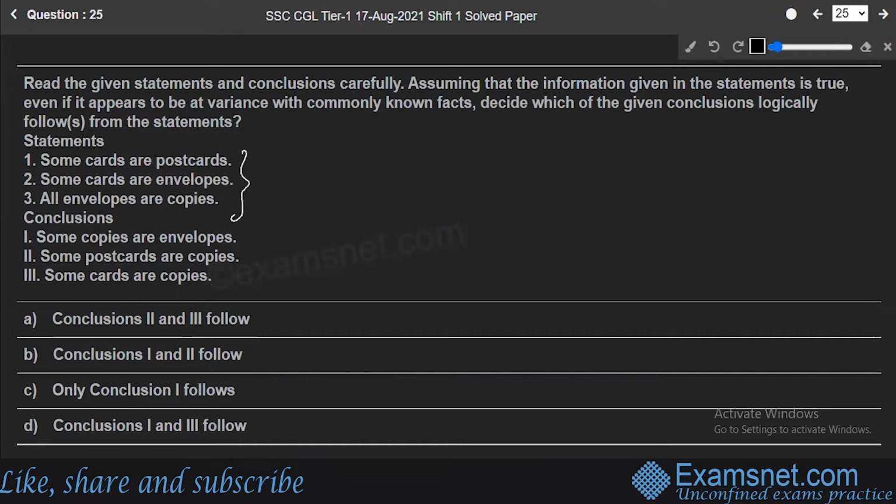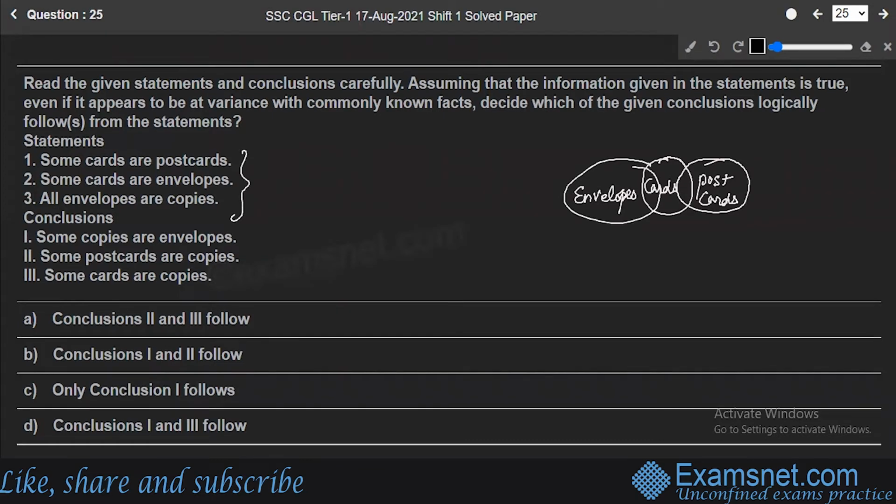Okay, so it's given that some cards are postcards. I'm making an entity, this is cards, and some cards are postcards. So this one represents postcards, and this entity represents cards. Second says some cards are envelopes. So here are some envelopes. Correct? Some cards are envelopes.